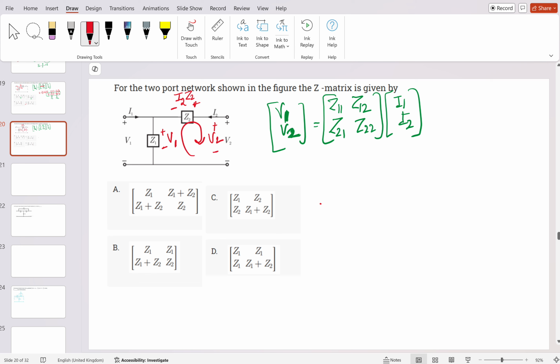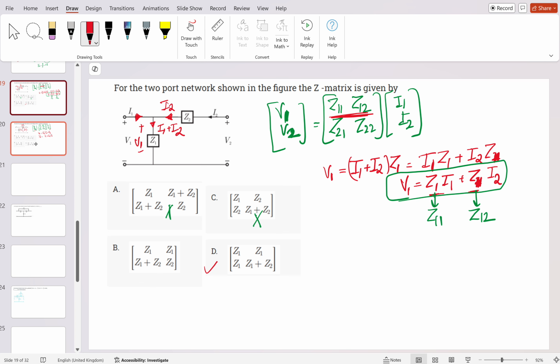Try to write the KVL in this loop. You will get V1 is equal to minus I2 Z2 plus V2. Now you need V2 in terms of I1 and I2. What you have got is V2 is equal to V1 plus I2 Z2.